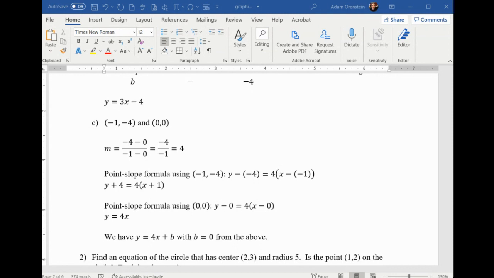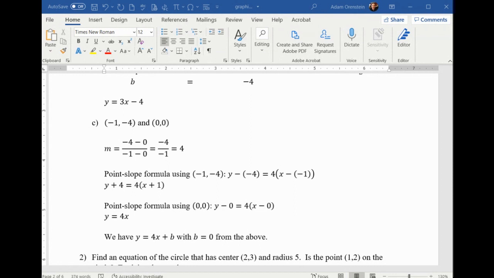And again, let's get an equation of that. Right? Normally, if I ask you to do this on a test, quiz, or whatever, you don't have to give me all these equations for the line. You just have to give me one. I just like to put all the possibilities. But for instance, if you use the first point, once you get the slope 4, using the first point in point slope form, you have y minus negative 4, right?